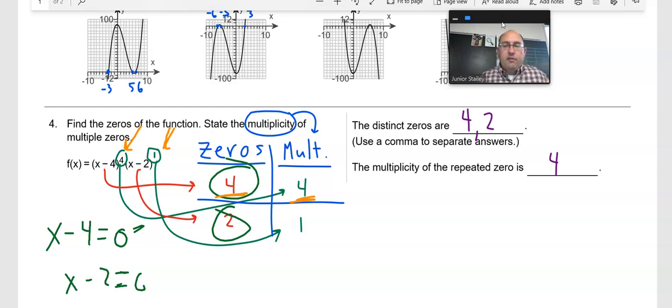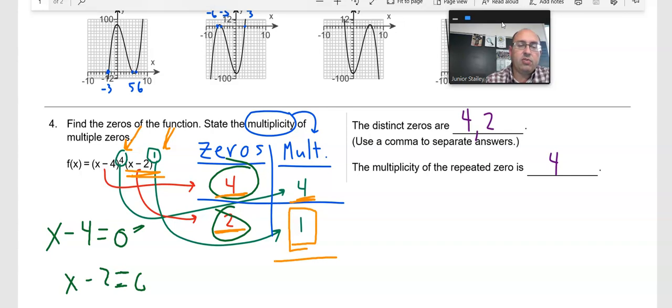Why would we write that out 4 times when we could just use the exponent to tell us how many times it's written out? Likewise on the next one, we've got x minus 2, but it's only to the first power. The actual 0 is 2, but it has an exponent of 1, so its multiplicity is 1.